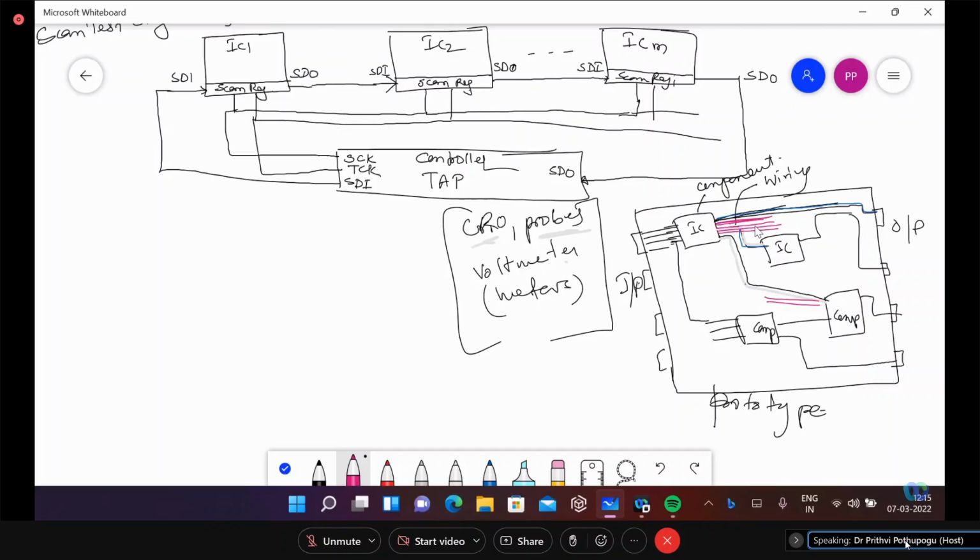But if such narrow paths are there, if I put a probe, there is a chance that I may miss the tapping, or I may be shorting the other lines also. This is the practical aspect.